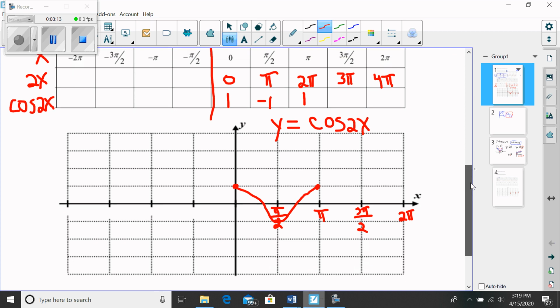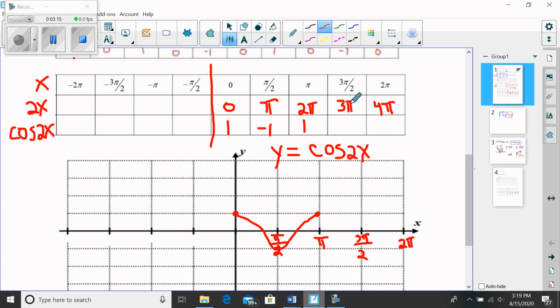There's a full cycle, okay? And so this takes me around the circle again, right? Now I've gone around the circle. This would be the same value because 3 pi would be the same as this, right? Because I'm halfway around the circle again, right? And then this is just twice around the circle. Okay, so here I'd be back at -1. Here I'd be at 1.